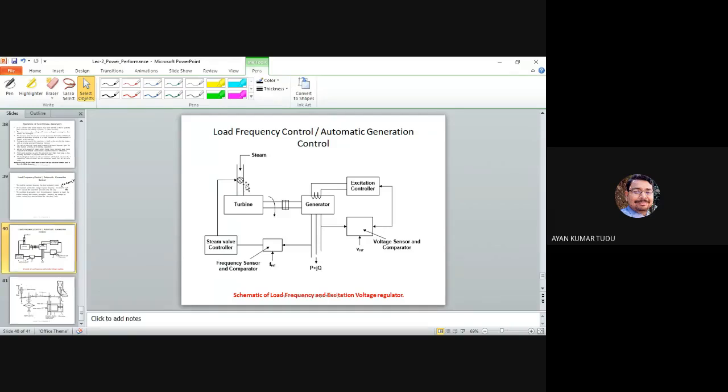Because active power is strongly coupled with delta and weakly coupled with voltage, and similarly reactive power is strongly coupled with voltage but weakly coupled with delta. So for very small load changes, the excitation voltage controller and the load frequency controller can be modeled and analyzed independently.